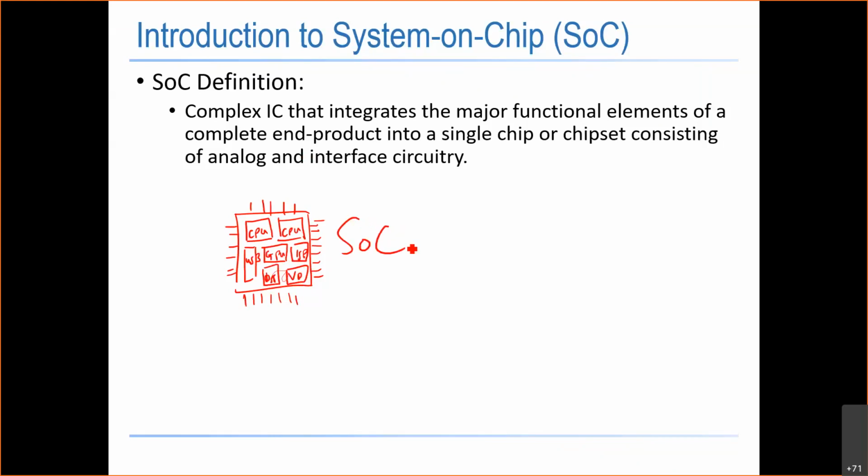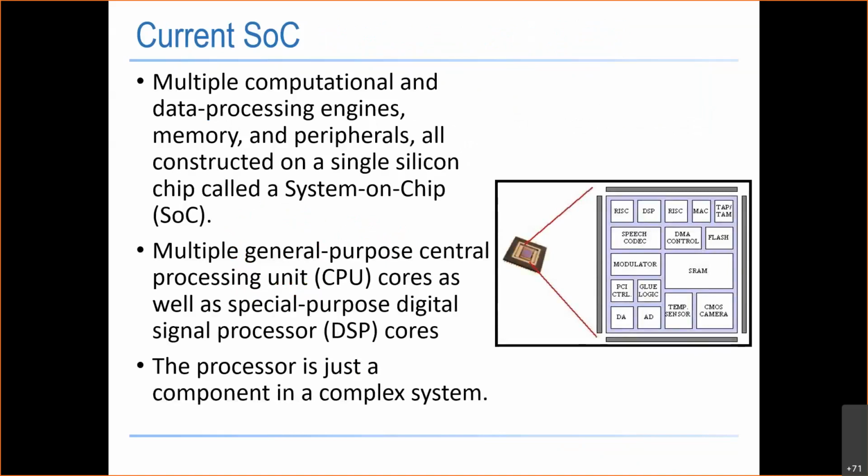System on chip. So rather than have many separate components in your system, where you have one CPU, and then a memory controller outside, and then a GPU separately, and many components separately, instead we bring everything together in a single chip. So this is the kind of idea that we have.